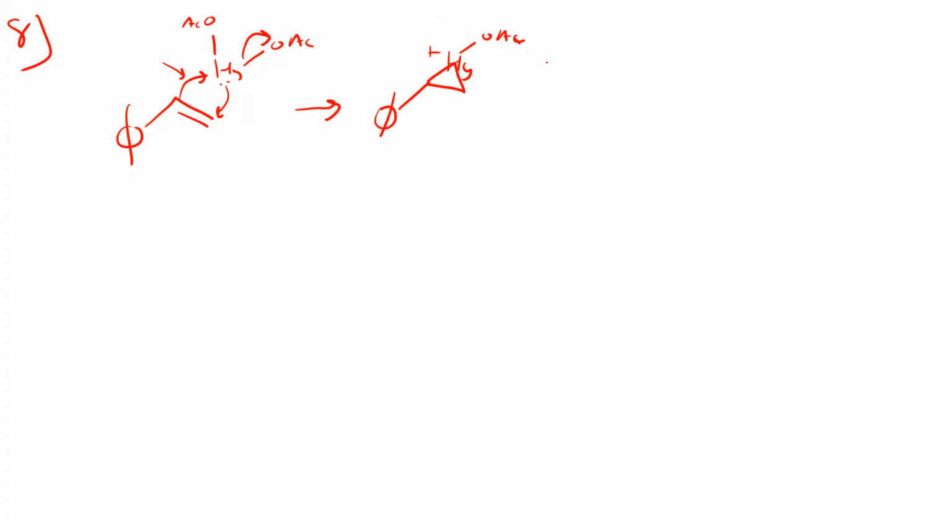Then we're going to have a ring opening. When the methanol attacks, it's going to do it at the more substituted carbon. The more substituted carbon is right here, and we have a methanol attacking it. Let's draw that better.